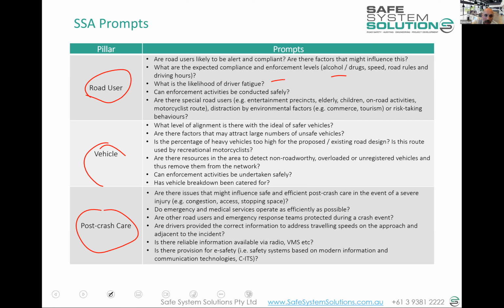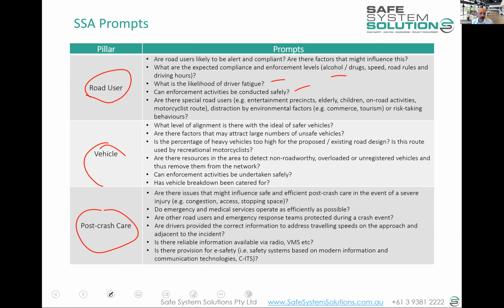What's the likelihood of driver fatigue? Can enforcement be conducted safely? Are special road users there? So is it an entertainment precinct, elderly on-road activities, distraction by environmental factors? So you don't put numbers to these. You just write dot points or thoughts that you've got or things that you've discovered.